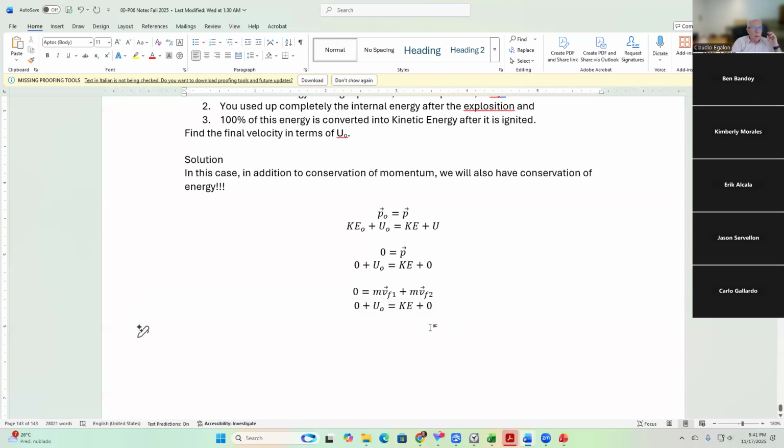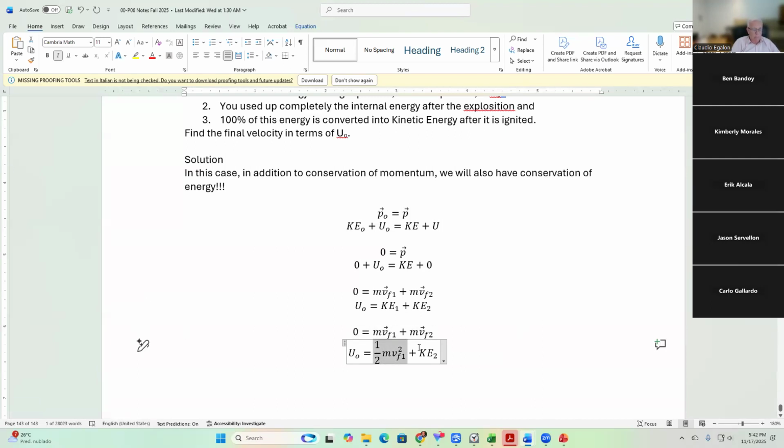Here, this one disappeared. This one also disappeared. But here we must have final kinetic energy of 1 plus final kinetic energy of 2, right? Kinetic energy of 1 is half m v final 1 squared.